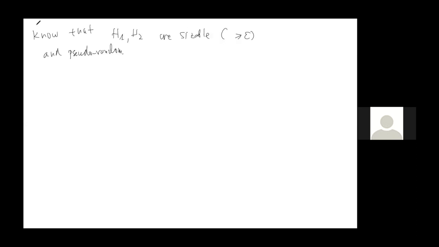So the lemma that we want to prove is that this is not true. If you have two sizable families that are pseudo-random, then they are not cross-intersecting.